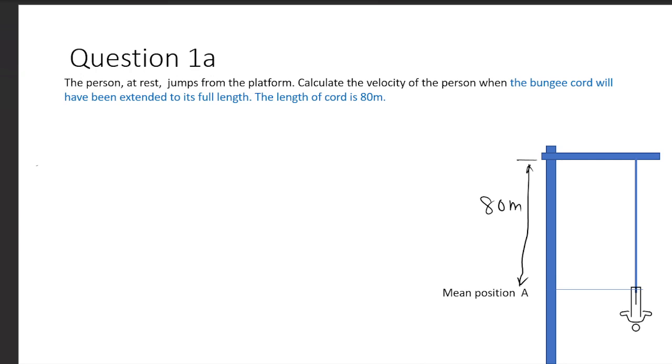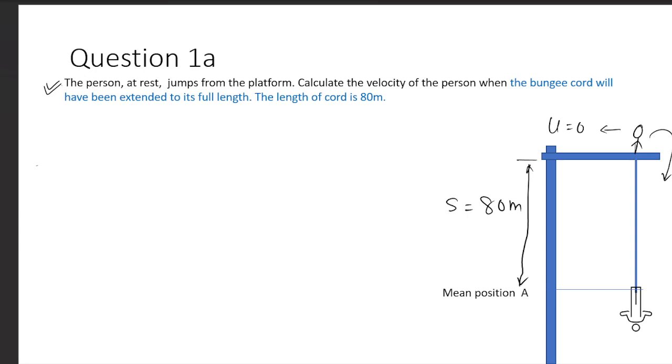If you read this question carefully, you will quickly come to the conclusion which formula we should apply here. Any thought which formula we can apply? The person who is jumping is initially at rest, which means initial velocity is 0.